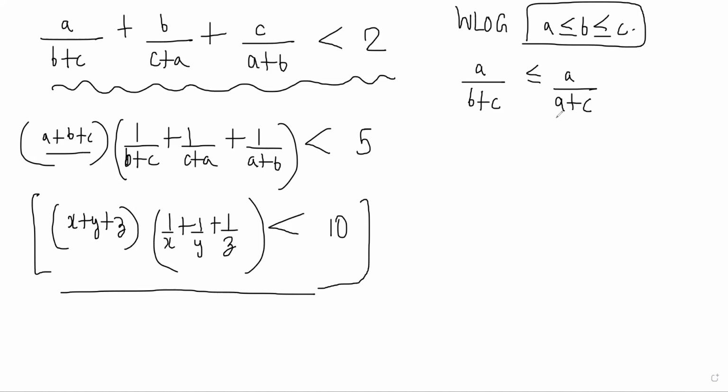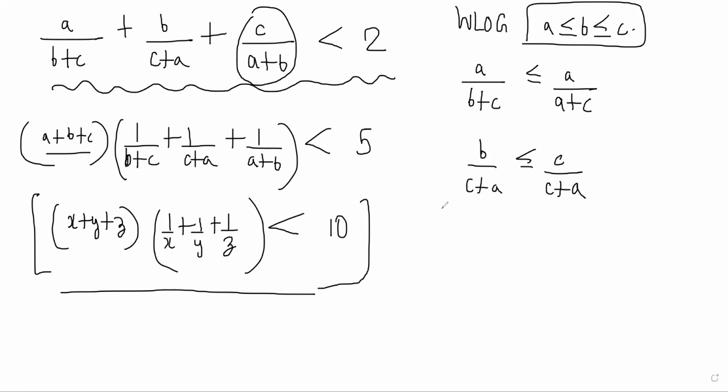Because here we are dividing by a smaller thing. So this is larger, right? And B by (C plus A) would also be smaller than C by (C plus A), right? Because here B is less than C, and the denominator is same. So don't touch the last one, let it be.